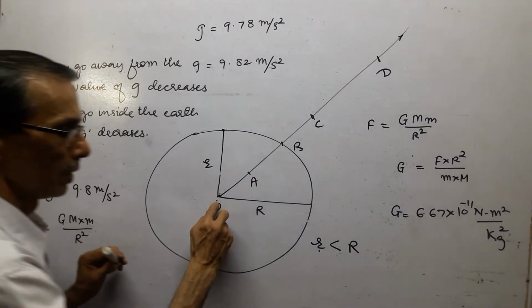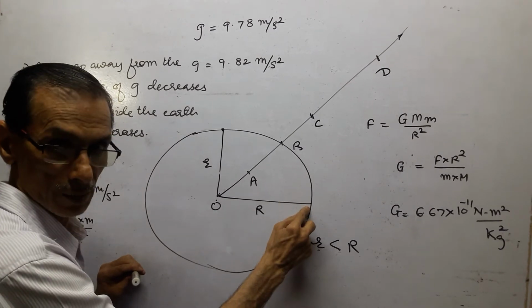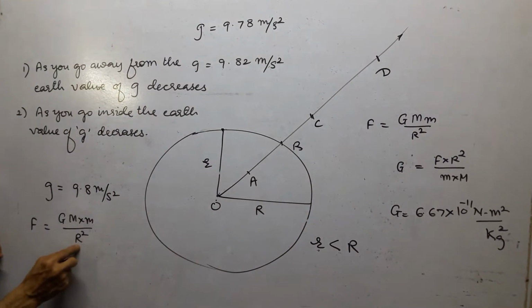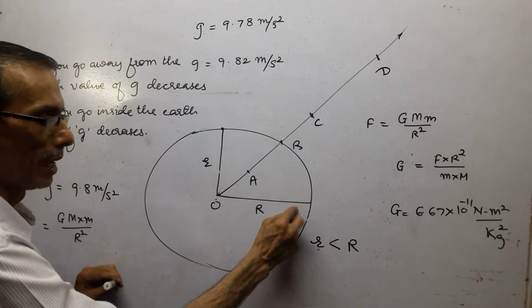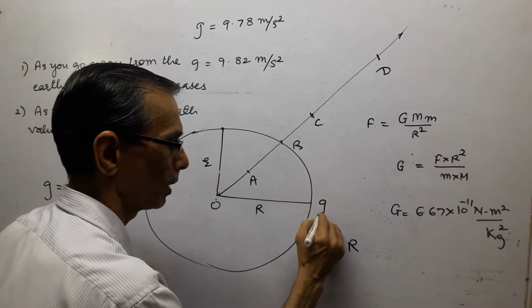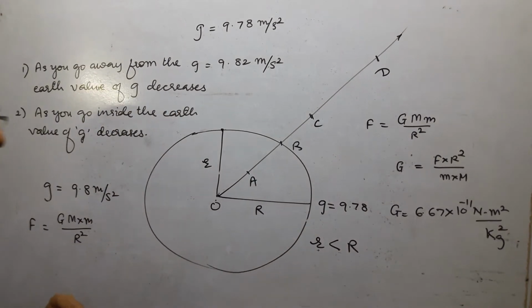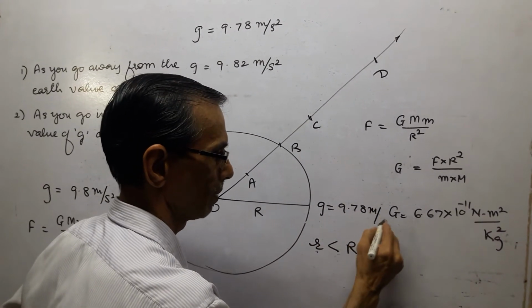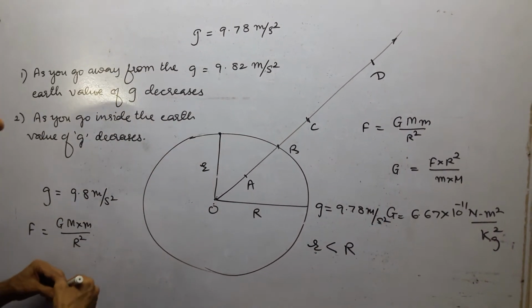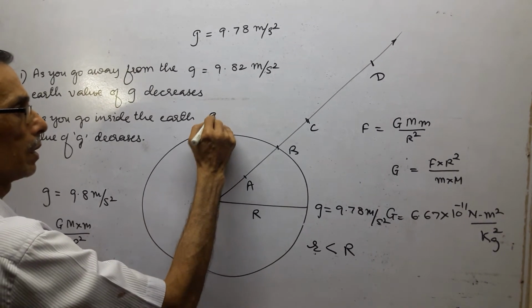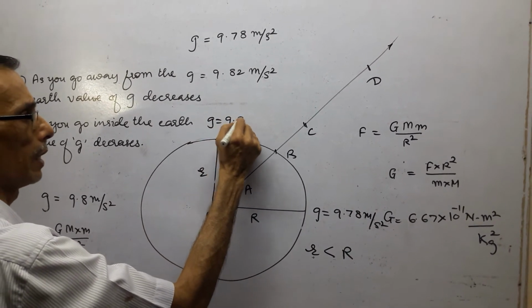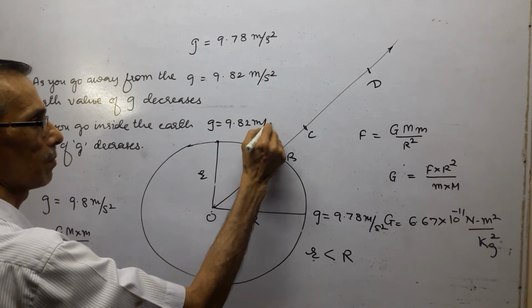And therefore, as the equatorial radius is larger, the force is smaller here. And that's why the value of g on the equator is nearly 9.78 meter per second square, whereas the value at the pole is nearly 9.82 meter per second square.